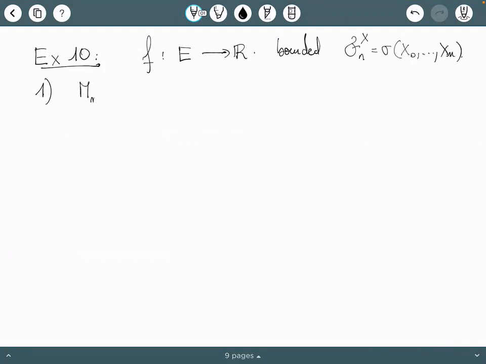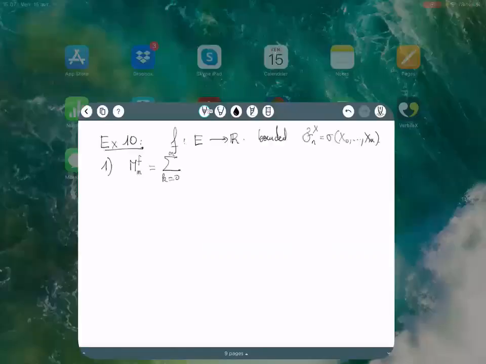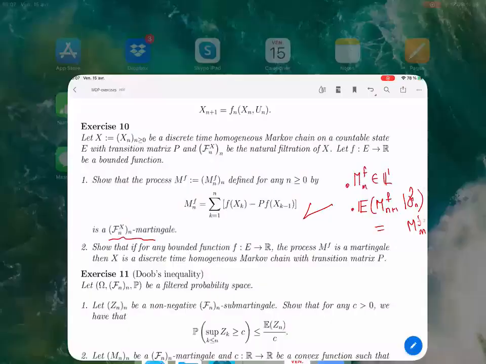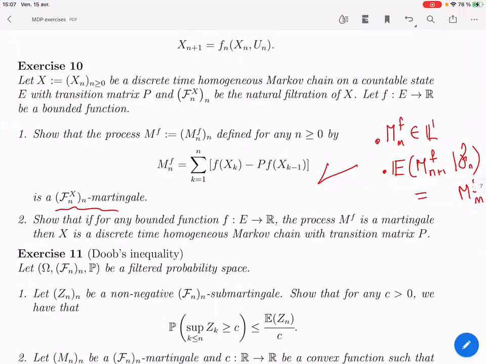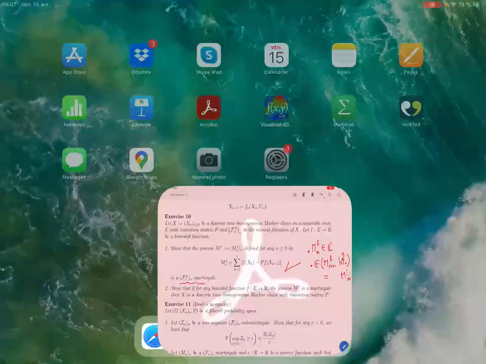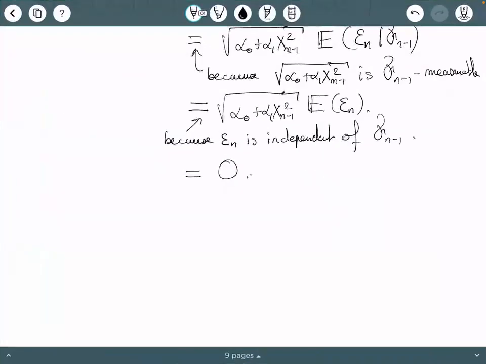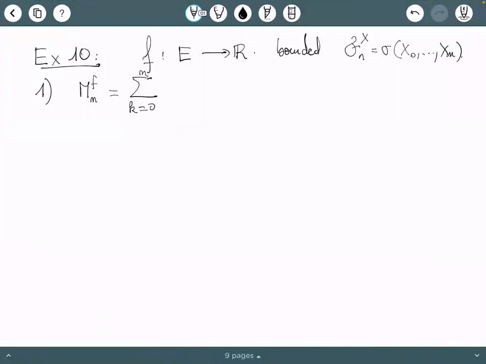And M_n^f is by definition the sum from k equals 1 to n of f(Xk) minus Pf(X_{k-1}).